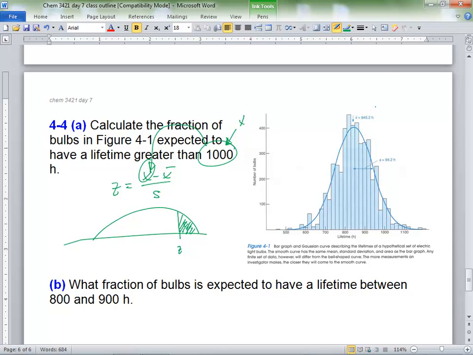Here's my average. And there's my standard deviation. So you plug in those numbers, you're going to get a z. Whatever z you get, you put it in right here. And that's the area you have to interpolate. And same thing down here for b. Just calculate that z and calculate that z. And I'm sure you're going to be interpolating again.